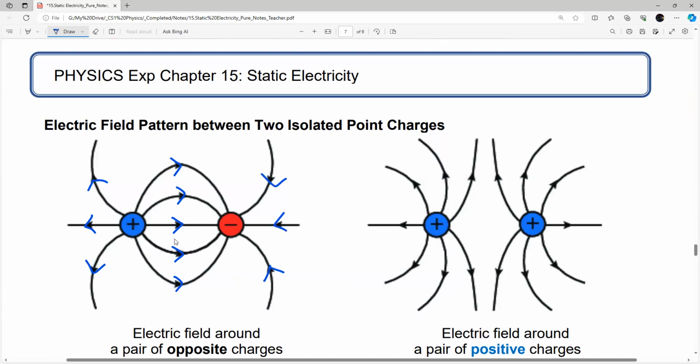But if we have two similar charges, you realize that there is a dead zone here, so they are being repelled away from each other. It looks the same for two negative charges, just that the arrows will be in a different direction, towards the charge.